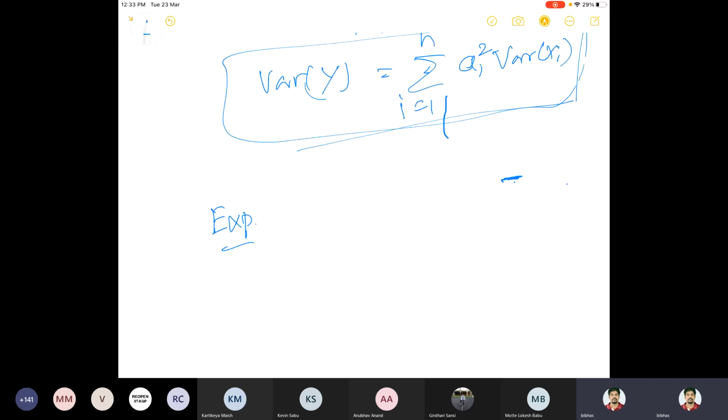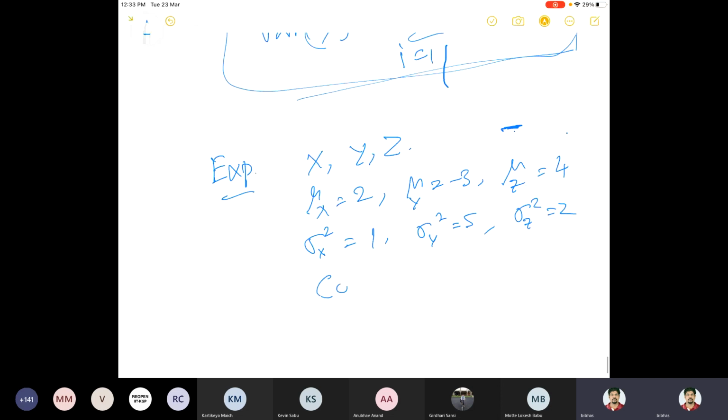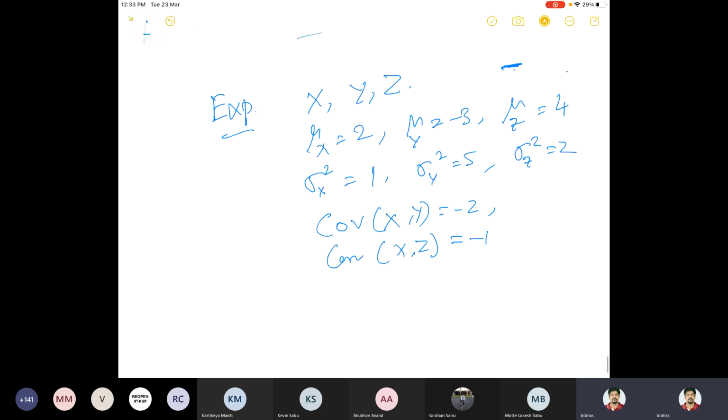So for example, let us solve a problem. Suppose we have three random variables x, y, and z, and suppose mu x is equal to 2, mu y is equal to -3, and mu z is equal to 4. Let's say sigma x square, the variance of x, is equal to 5, and sigma y square is equal to 2. And let's say it is known that covariance of xy is equal to -2, covariance of xz is equal to -1, and covariance of yz is equal to 1.